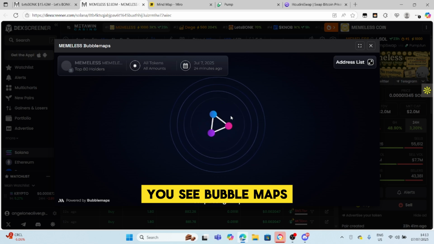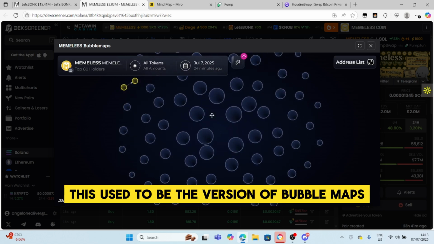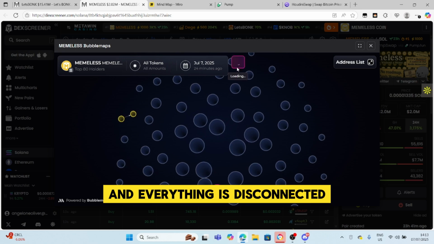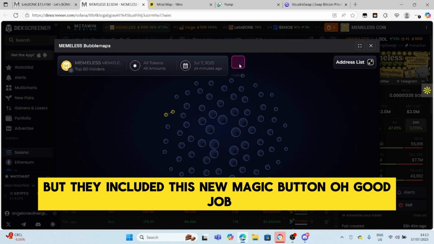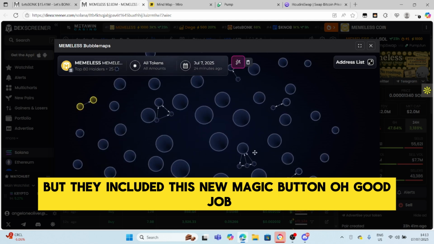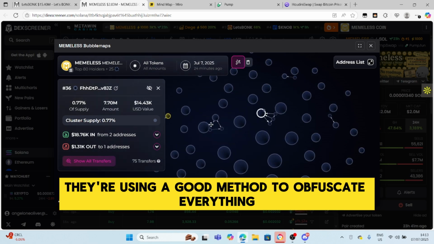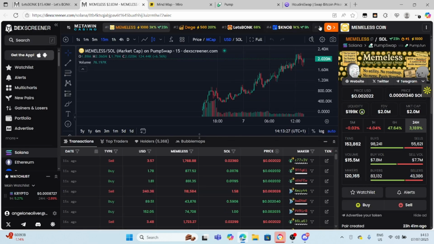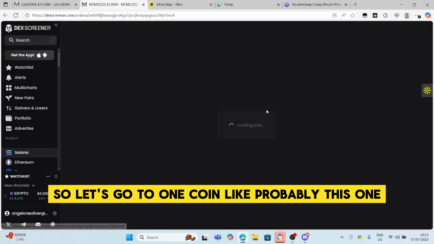You see bubble maps. This used to be the version of bubble maps and everything is disconnected, but they included this new magic button. Oh, good job, these ones are doing a good job. They're using a good method to obfuscate everything. So let's go to one coin, like probably this one.